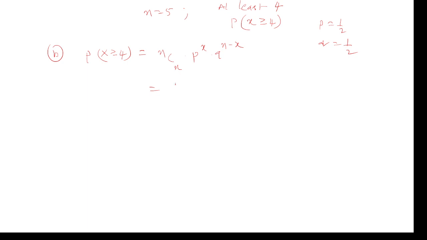Greater than or equal to 4 means P(X = 4) plus P(X = 5), because it is tossed only 5 times. If it were tossed 10 times, then we would add x equal to 6, x equal to 7, until x equal to 10.